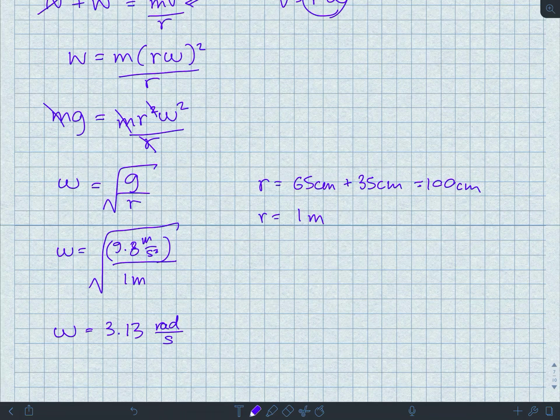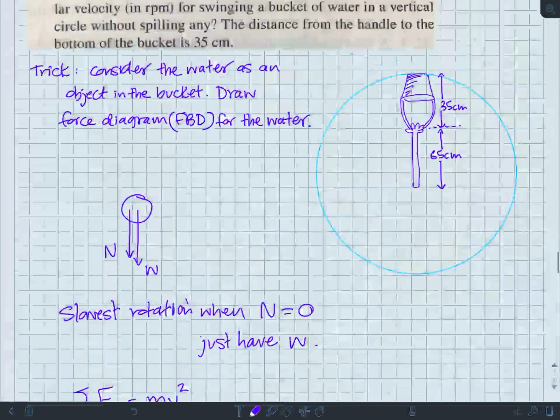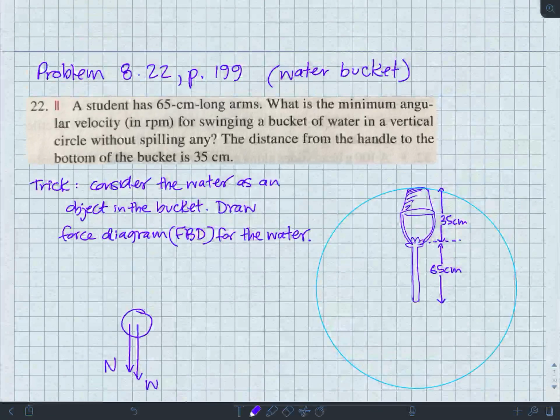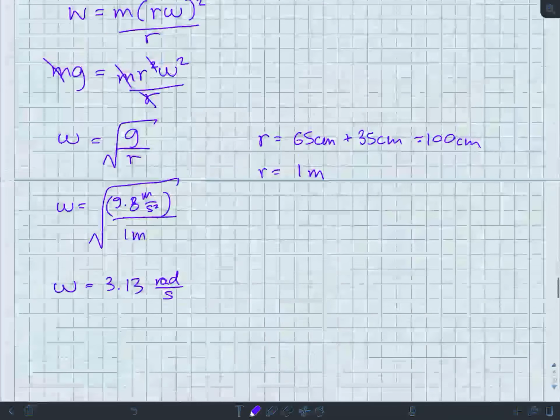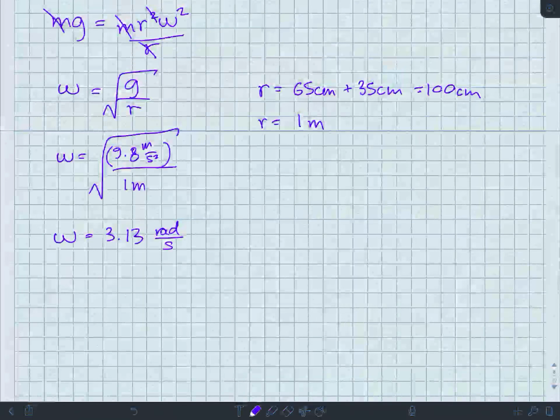Now, the question asks us for the minimum angular velocity in RPM. So let's convert our radians per second to RPMs, or revolutions per minute.